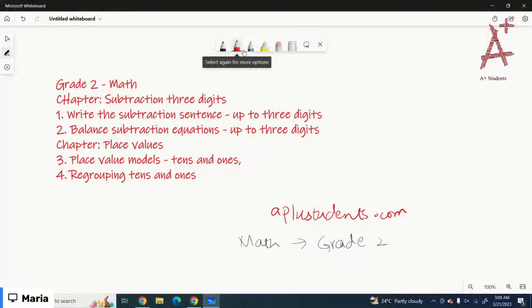So let's start with the first lesson, write the subtraction sentences up to 3 digits.